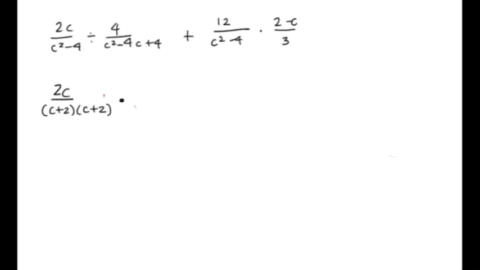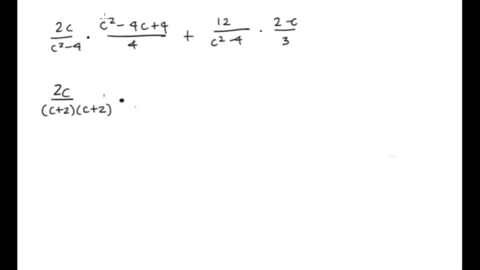When I flip it into a multiplication sign, this thing is flipped to the reciprocal, which means it's going to be c squared minus 4c plus 4 over 4. So that's the keep, change, flip that you have to remember.